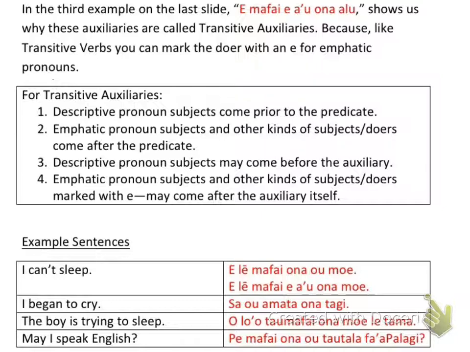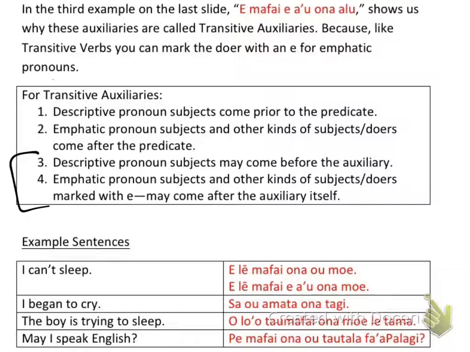So here's a little recap for transitive auxiliaries. These first 2 are the exact same as the stative, and then the 3 and 4 are what we're going to be working on. So if you want to review 1 and 2, pause the video and read those. Those are the same as the stative. 3 and 4 are the new ones though, so the new way that you could do it with taumafai, mafai, and amata is descriptive pronouns, subjects may come before the auxiliary.